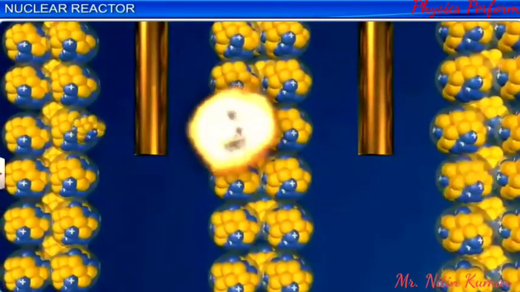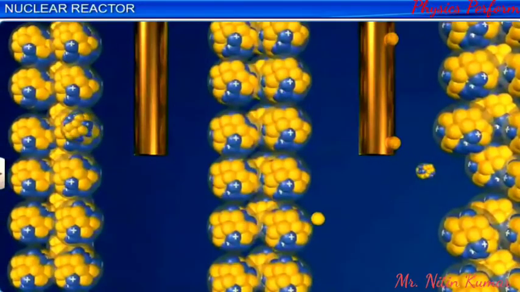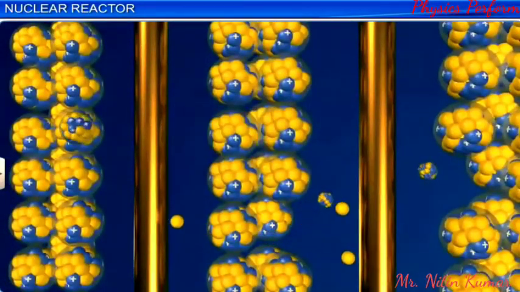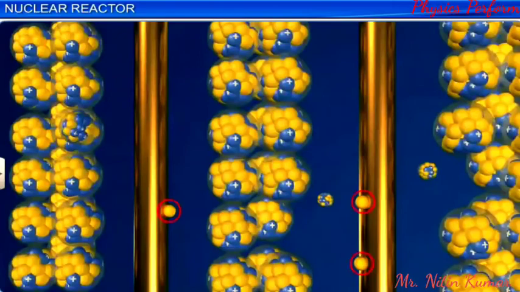If the cadmium rods are now pushed further into the moderator, they absorb more neutrons than earlier. The number of neutrons available for further fission becomes less. This reduces the multiplication factor K to less than 1. In such a case, the rate of fission decreases and the reactor shuts off. Thus, the control rods regulate the fission rate.